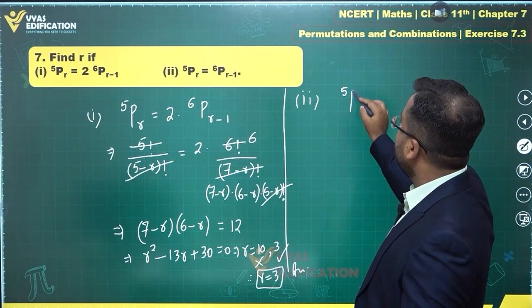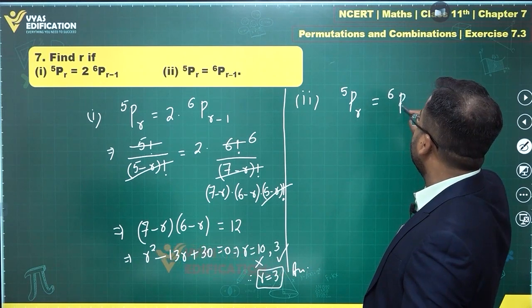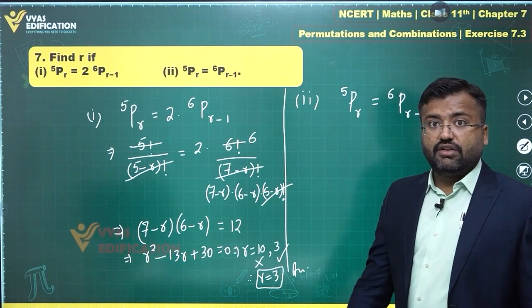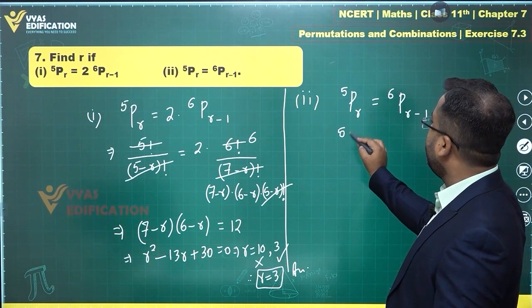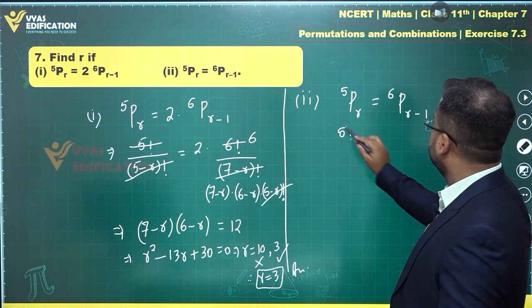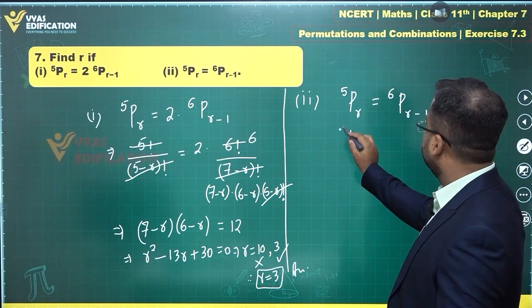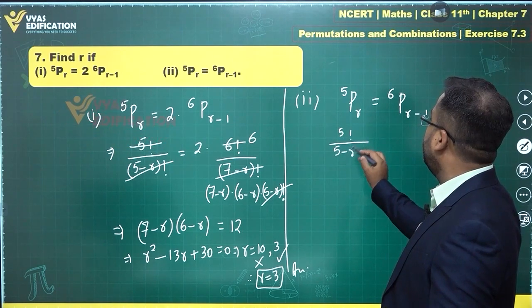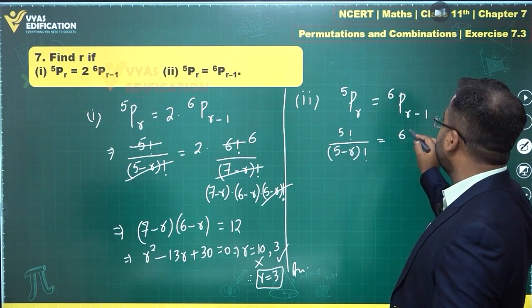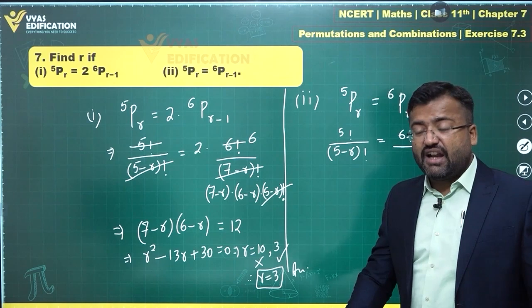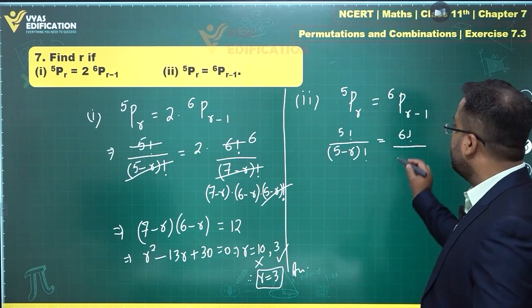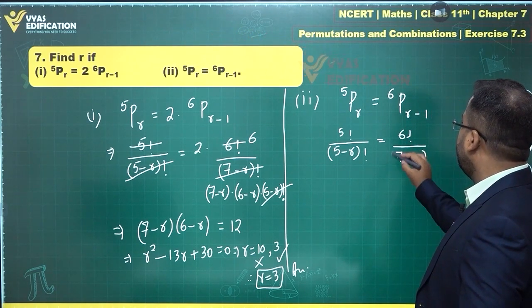We have 5PR is equal to 6PR minus 1. Now in this one, we'll have 5 factorial over (5 minus R) factorial is equal to 6 factorial over, again, (6 minus R minus 1) factorial, and minus of minus 1 will become plus 1. So this becomes (7 minus R) factorial.